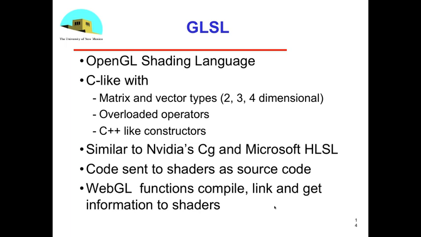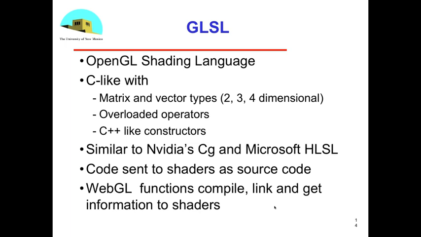In addition, what's very, very nice is that the operators are overloaded. So all of the standard matrix and vector operations, and combinations of operations between matrices, vectors, and the other types, all have overloaded operators.